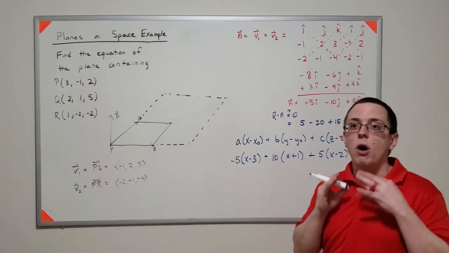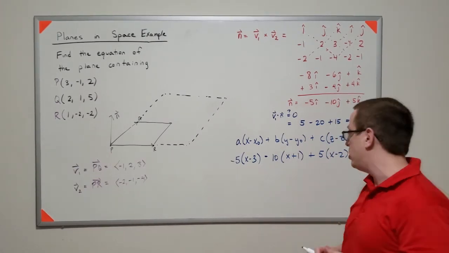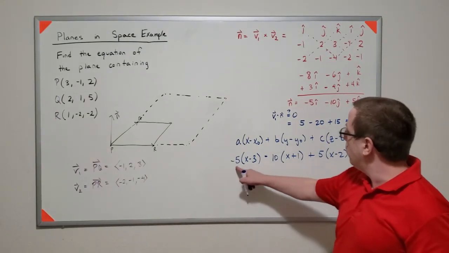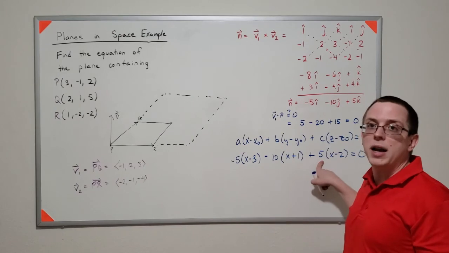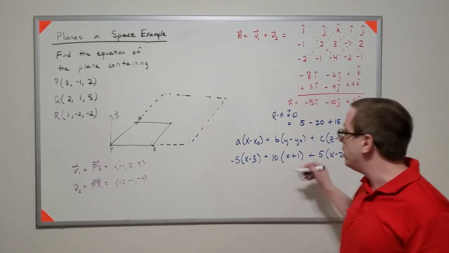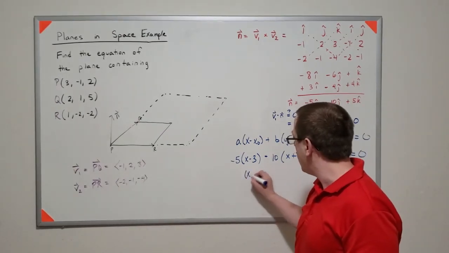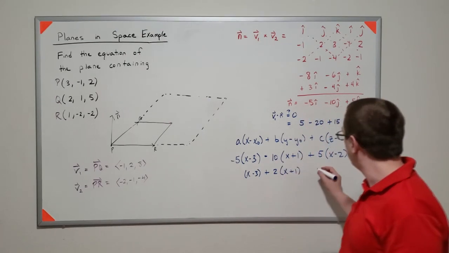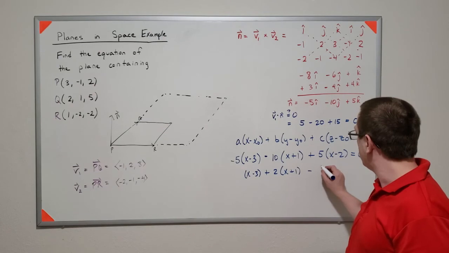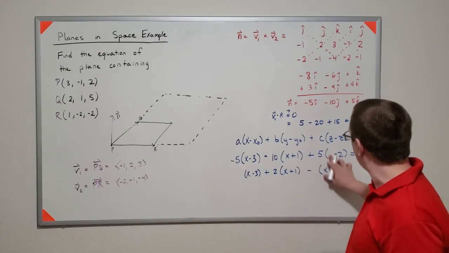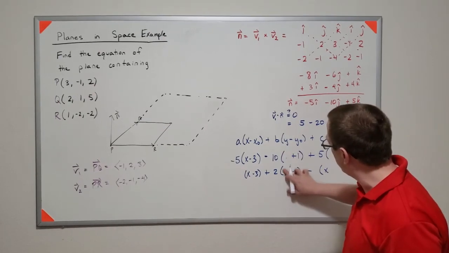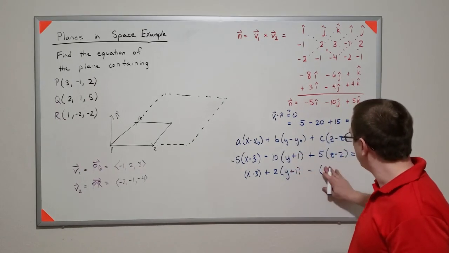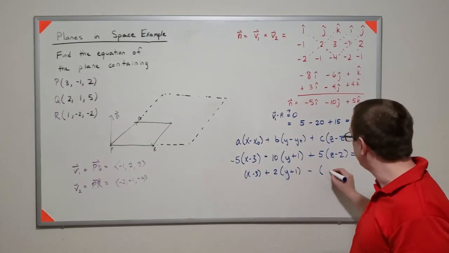Now, we also know that there are alternate equations for this plane. We could divide everything in here by negative 5 and we'd still have an equation of the plane. So we could say (x minus 3) plus 2(y plus 1) minus (z minus 2), sorry, these are z's.